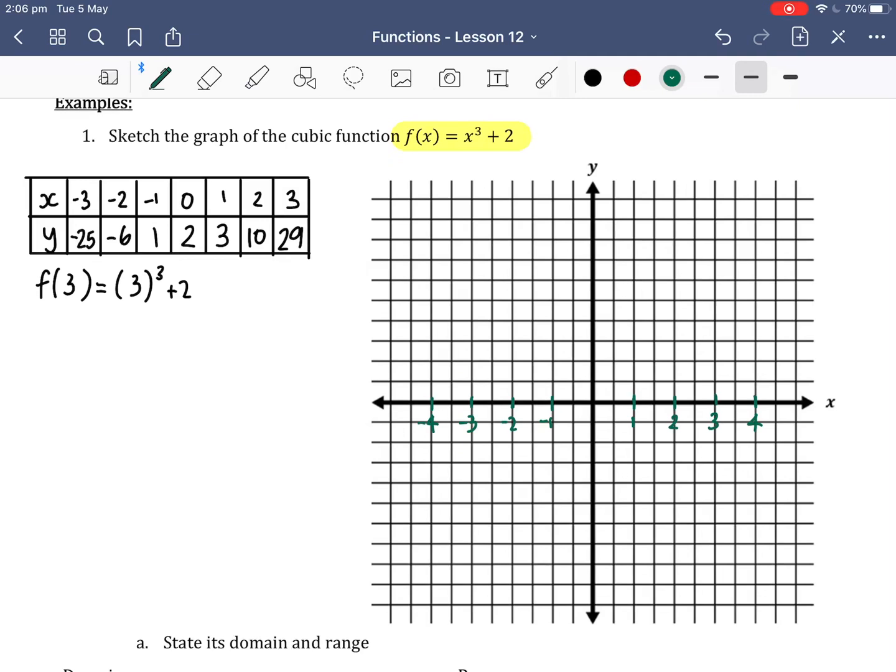And then going up, we're going to go up by 5s, so this will be 5, 10, 15, 20, 25. And go down by 5s also.